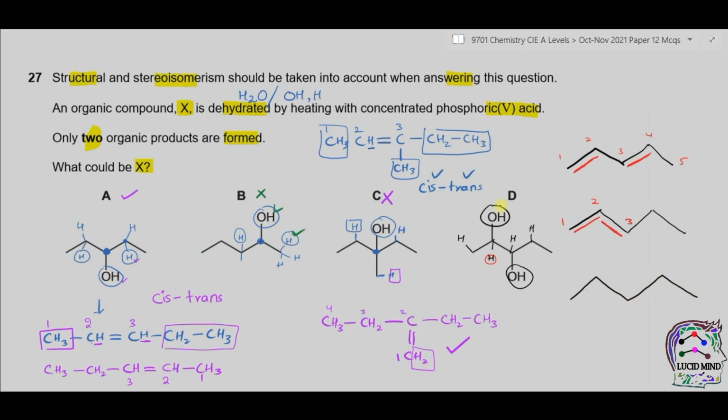Third possibility is that we can remove this OH along with this hydrogen and this OH along with this hydrogen. So there will be double bond between these two carbon atoms and double bond between these two carbon atoms. The product will be like this. Now we have double bond between second and third and fourth carbon atom. Already more than two products are formed, so therefore this is also incorrect. Correct option is therefore A.